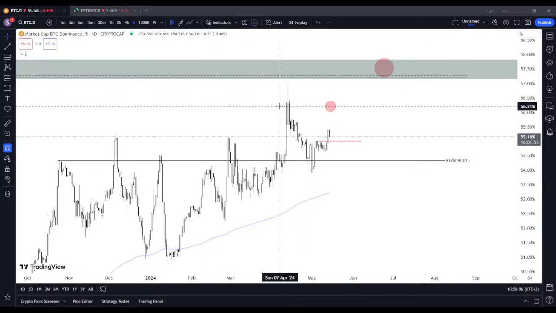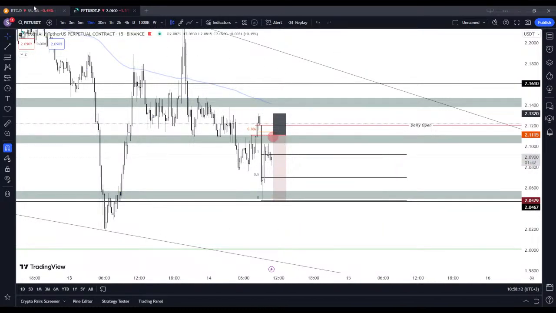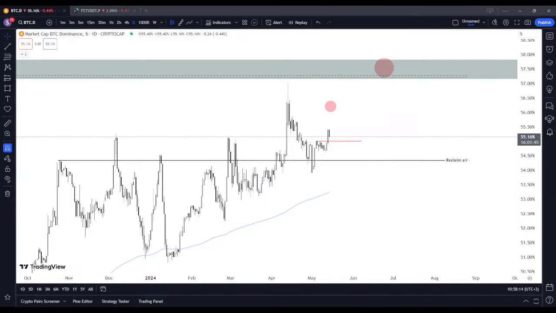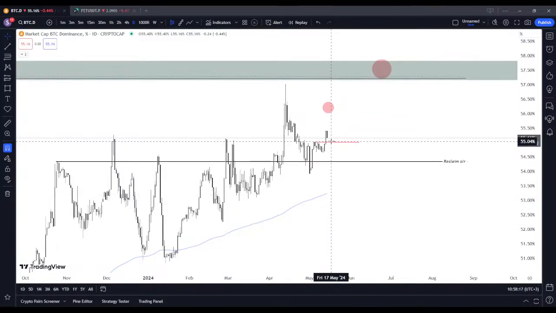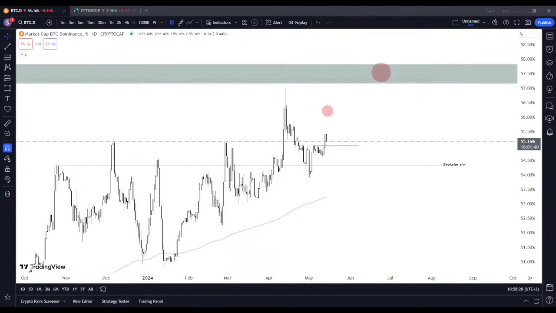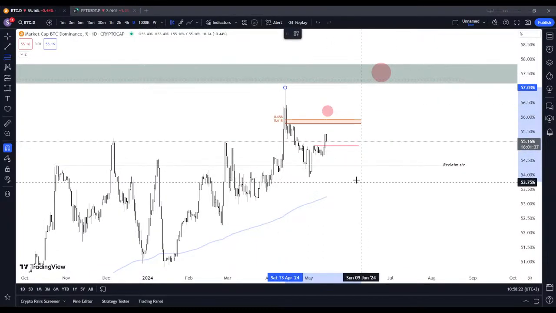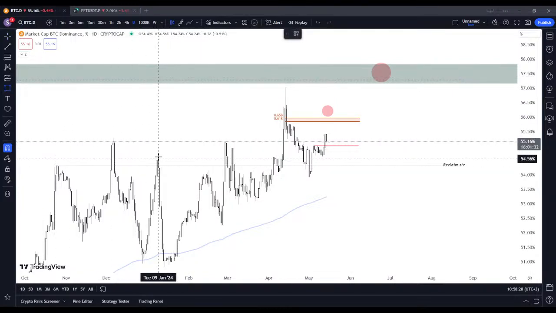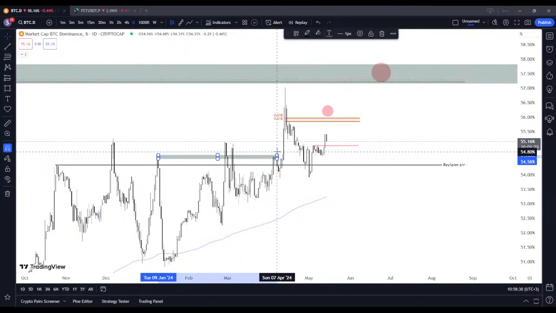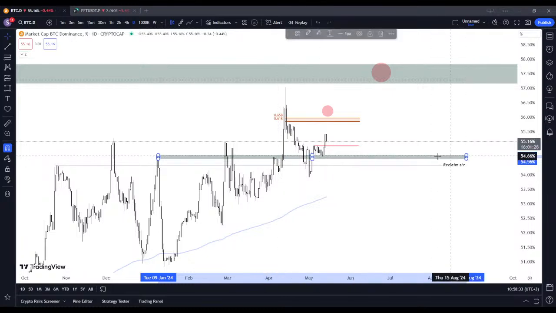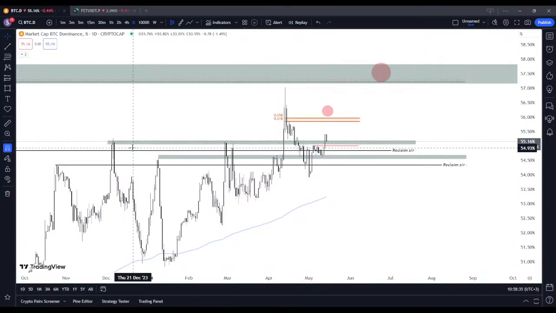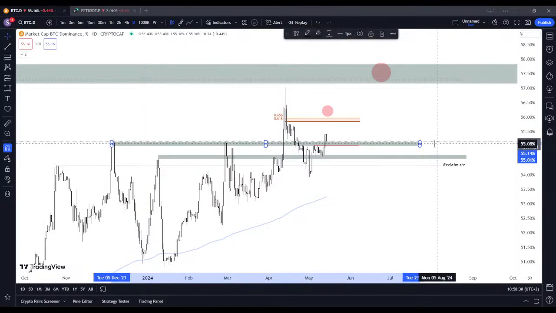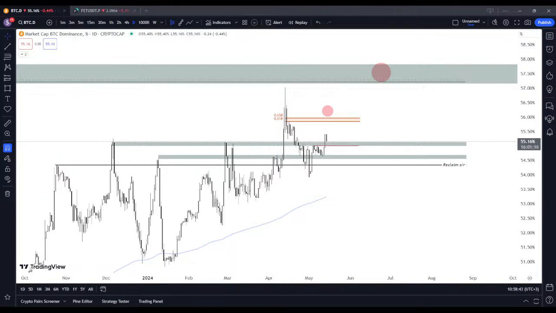Definitely no. That's why I'm positioned short on some of them. So this would be a bullish retest for going at least on a medium time frame, going at least in the 61.8 area. Also, we have support here, and even here. So you want to be bearish here? No. On Bitcoin dominance, definitely not.